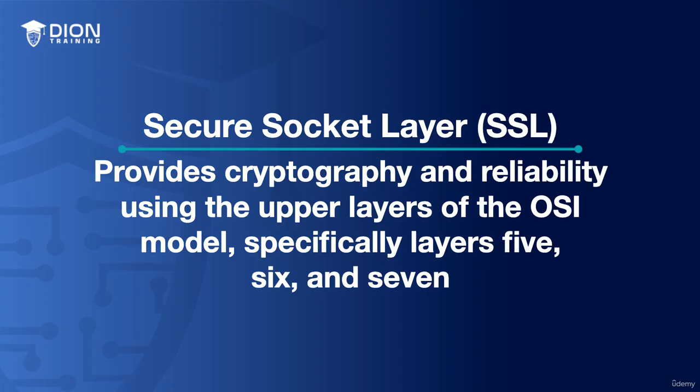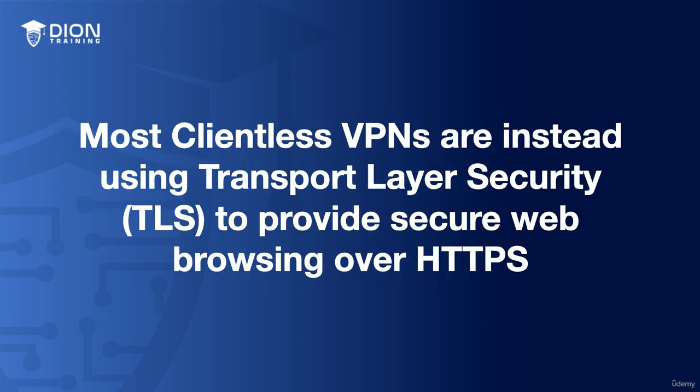Now, the Secure Socket Layer, or SSL, provides cryptography and reliability using the upper layers of the OSI model, specifically layers 5, 6, and 7. In recent years, though, SSL has become a bit outdated and less secure. So most clientless VPNs are instead opting to use the Transport Layer Security, or TLS, to provide secure web browsing over HTTPS.